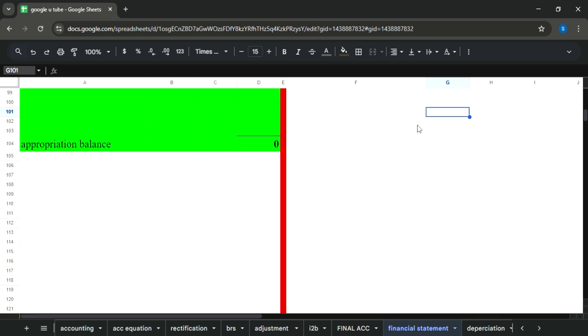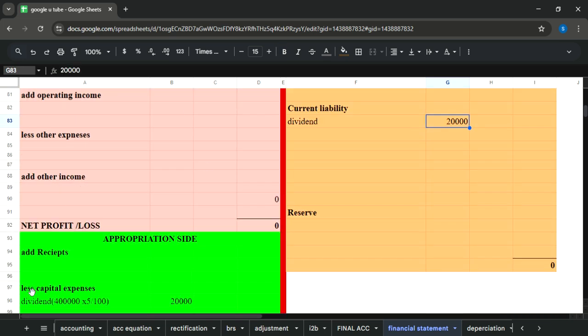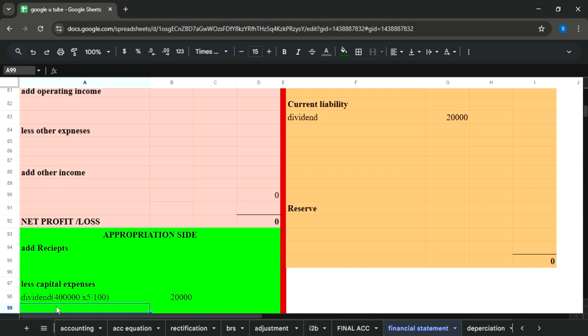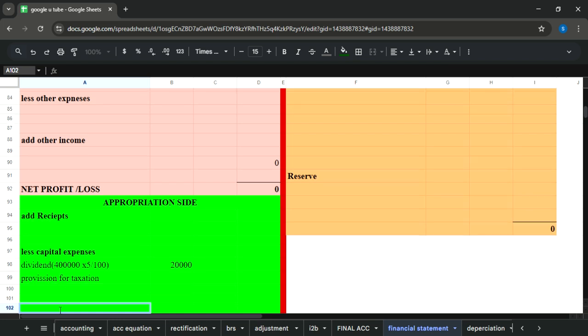Now number 9, provision for taxation. Again it is also part of appropriation side. So here provision for taxation is mentioned.